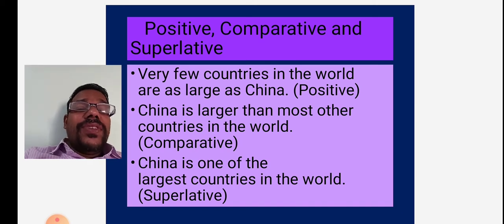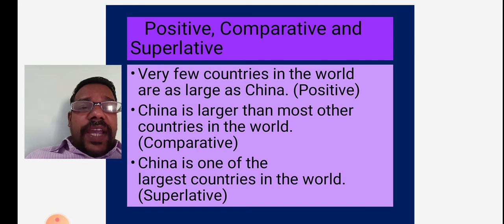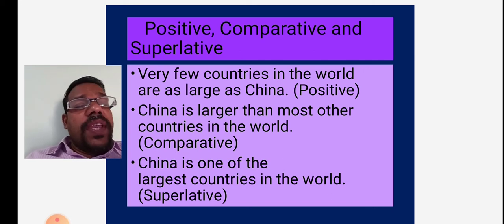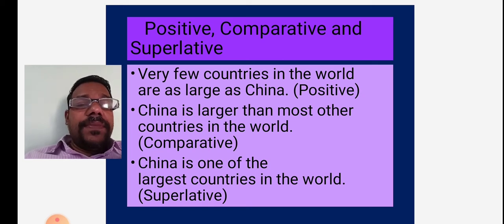So we can make this a sentence like this: China is one of the largest countries in the world. The sentence you might have noticed, very few countries in the world are as large as China. It does not mean that there is no country like China. That is why this particular usage we have made.